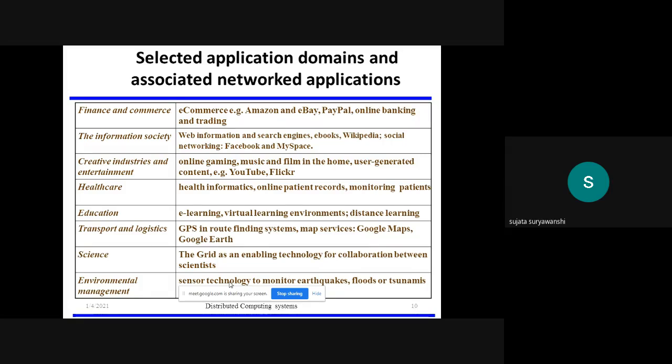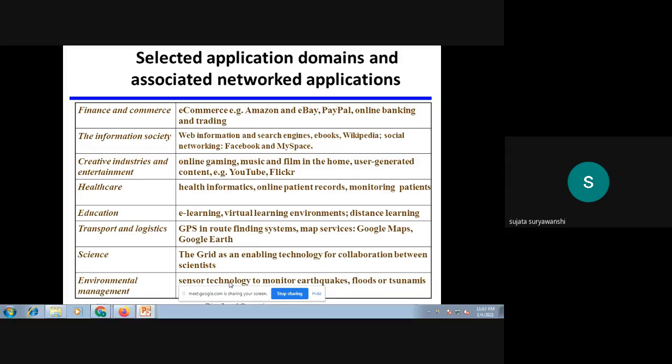Then transport and logistics. Under transport and logistics, we can consider Google Maps as one example of a distributed system. Google Earth is also an example. Under the science domain, we can create the grid as an enabling technology for collaboration between scientists.